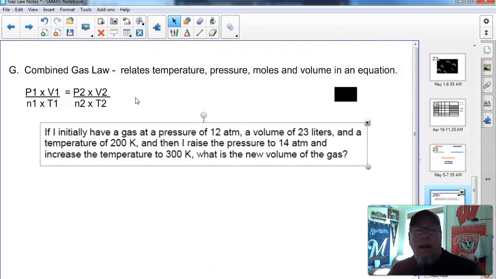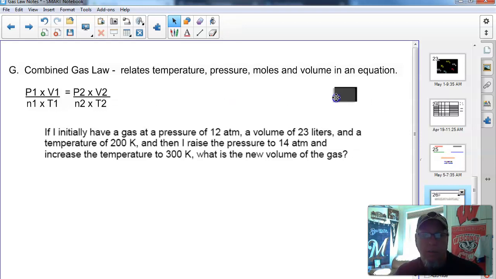So here's the deal. Between the combined gas law with your N in it and the ideal gas law, that's all you need to know. You don't need to have Charles' law memorized anymore. You don't need to have Boyle's law memorized anymore, because let's say you read a problem and it only has pressure and volume listed. Well, then I would just cover up the variables that I don't know.